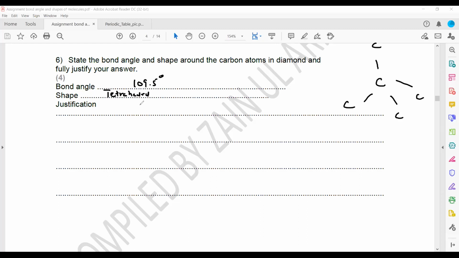And justification, it's a 4 mark question. You will score 2 marks after mentioning the bond angle and the shape. Then the justification should be in terms of electron pairs. So we mention there are 4 bond pairs or 4 areas of electron density around the carbon atom, and the repulsion between the electron pairs, to give minimum repulsion, they arrange themselves at maximum distance from each other.